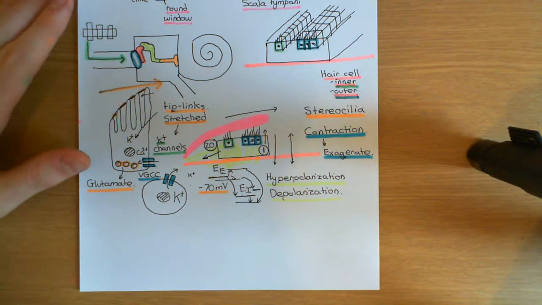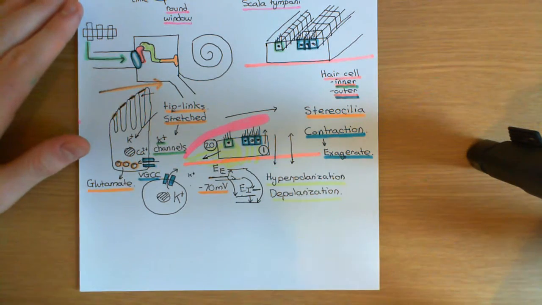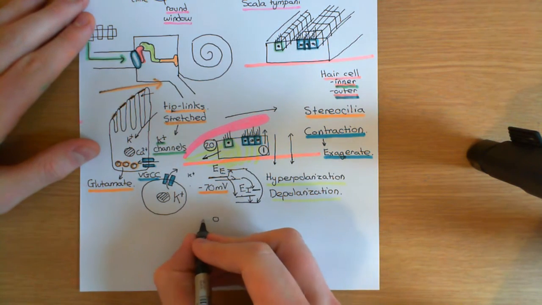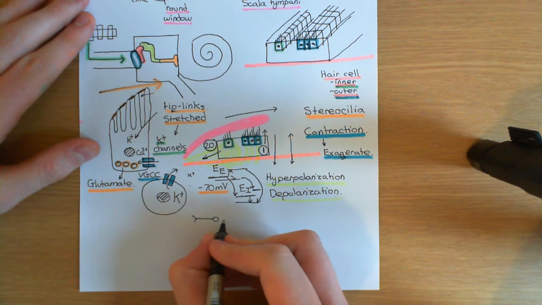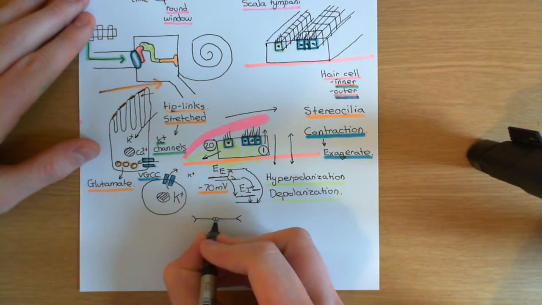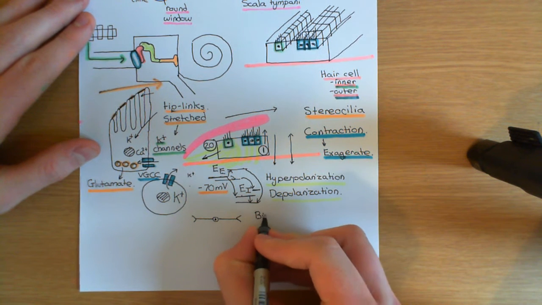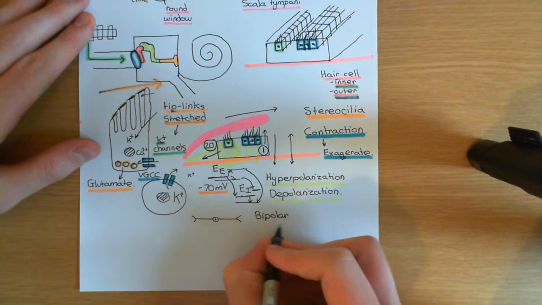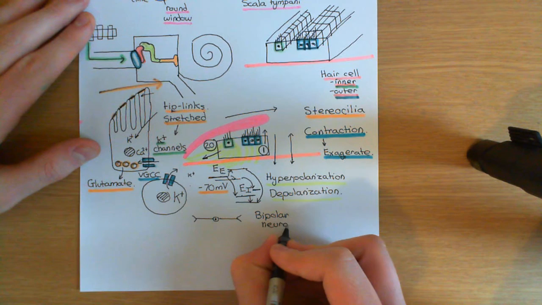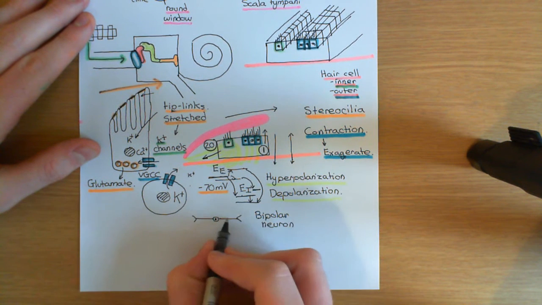So the neurons which innervate the hair cells, both the inner and outer hair cells, are examples of bipolar neurons. And a simple picture of a bipolar neuron is like so. So this is a bipolar neuron. And all bipolar means is that they have two processes coming off them.